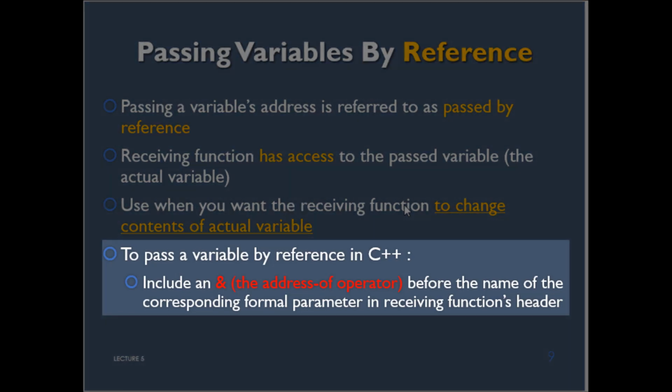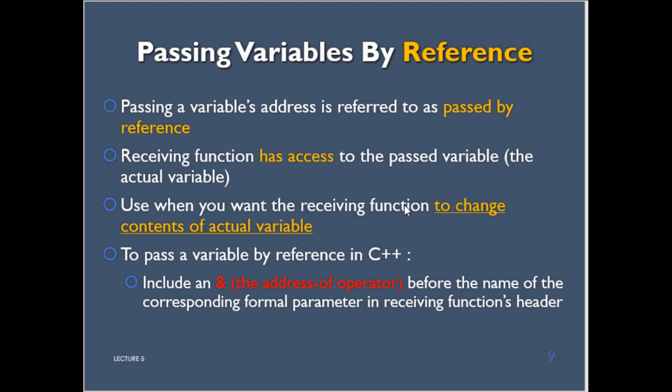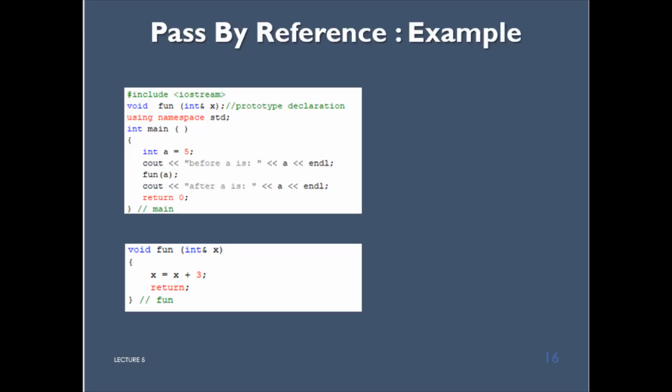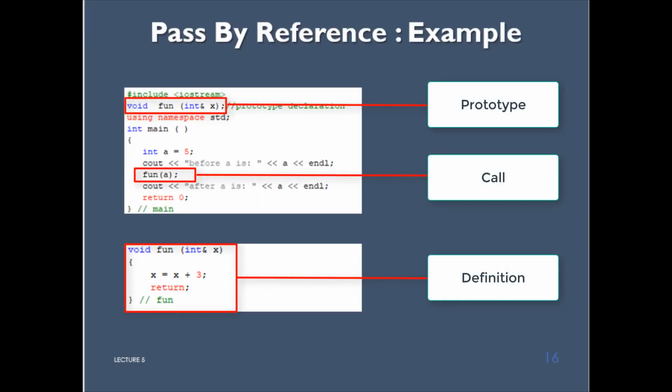So it's quite simple really to do pass by reference. You just need to add an ampersand operator, or we call this the address of operator, before the name of our formal parameter in the function definition. This is the same program as before, but now we're using pass by reference.